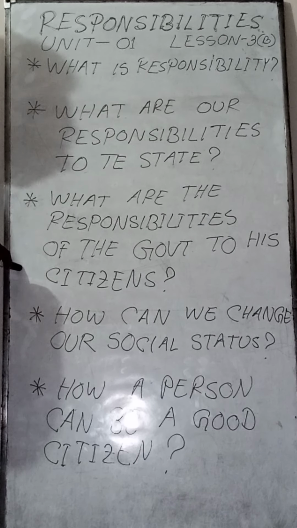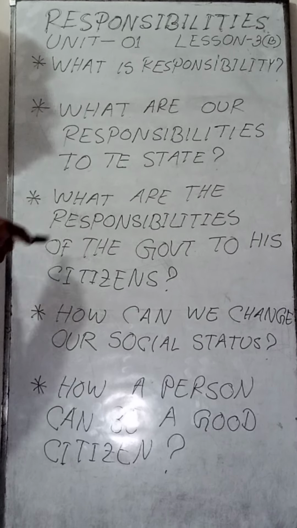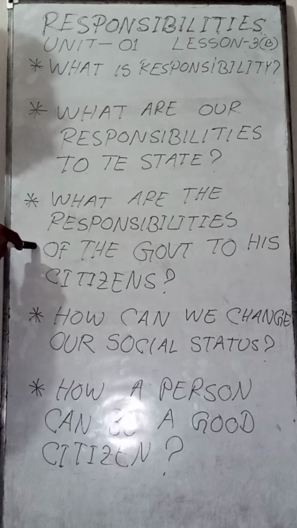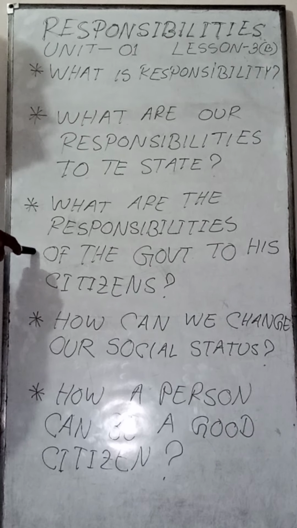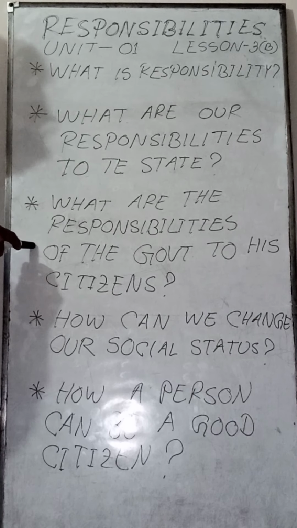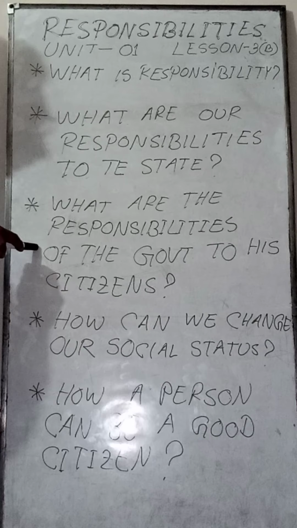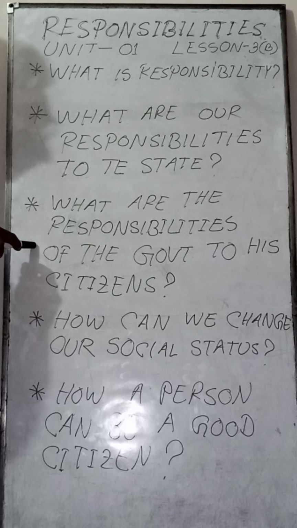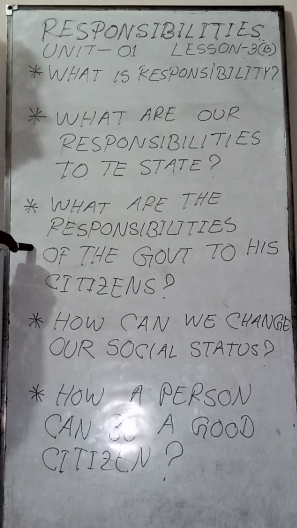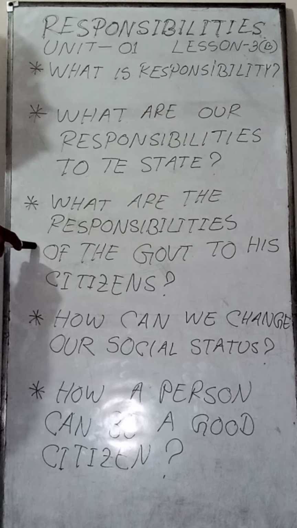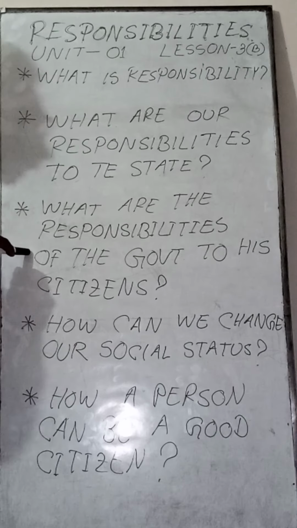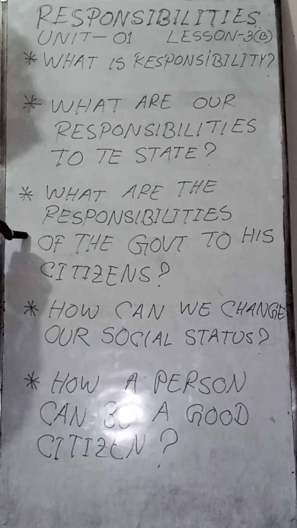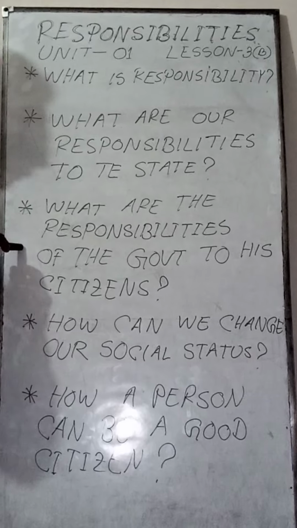A government should allow all the fundamental rights, for example, food, clothing, shelter, education, treatment, and security. A state gives all these fundamental rights to its citizens. These are the main responsibilities of a state to its citizens.